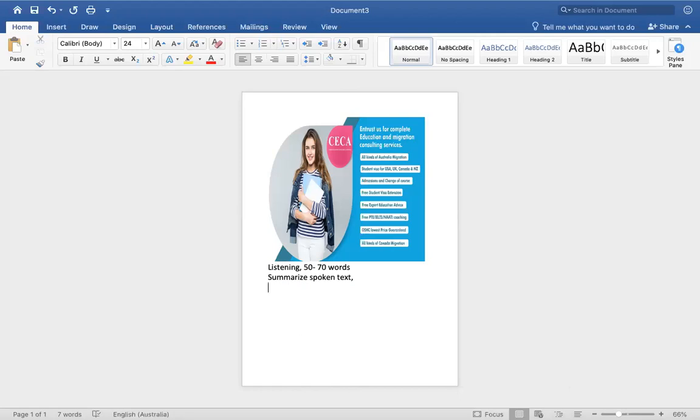So let's do the highlight correct summary. Highlight correct summary is obviously one of the item types of the listening. What this item type consists of is 4 to 5 options, right?